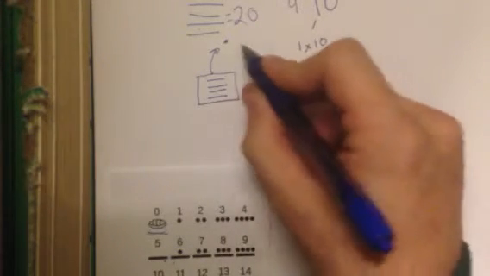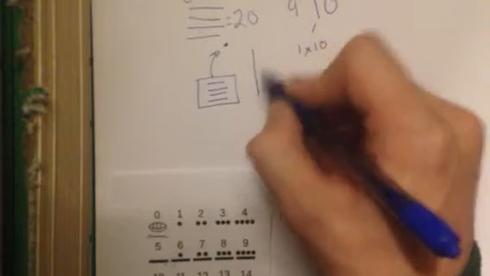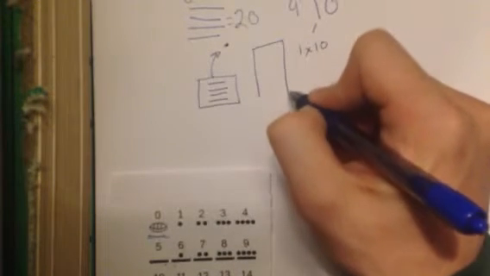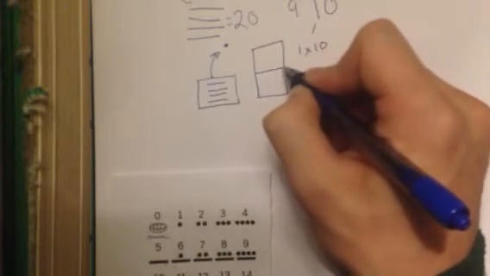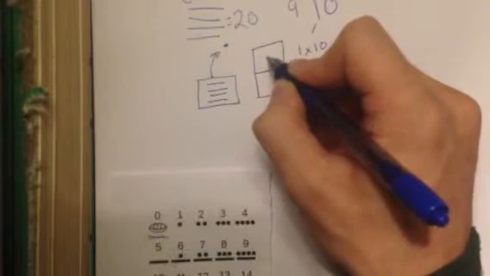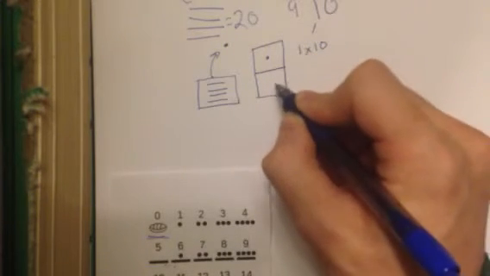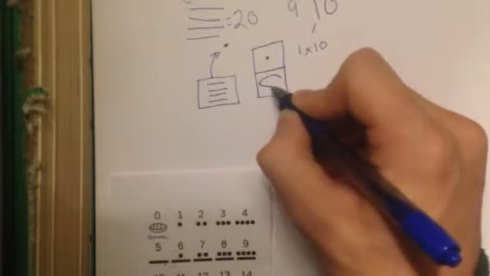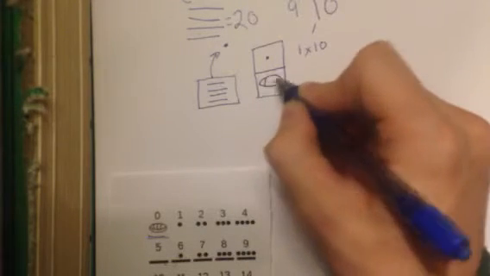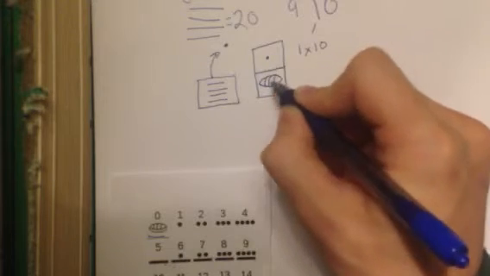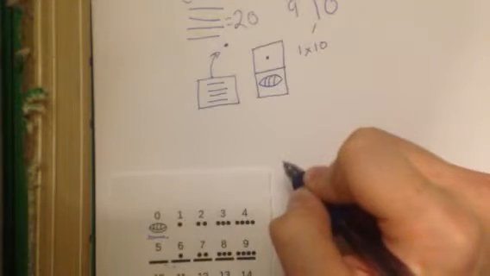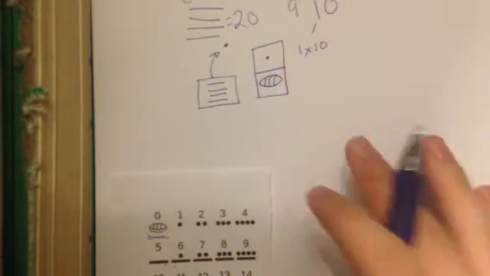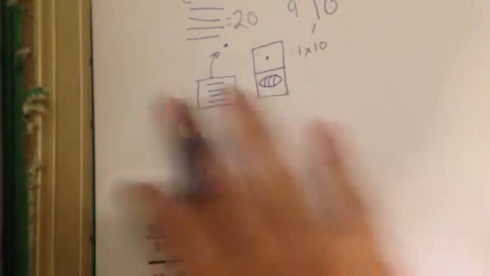So we would write that out as 20, 20 being the 1 dot up here. But then we have to put that clam, that shell, down here to hold the place value. That's our 0. And we can do this with any number.